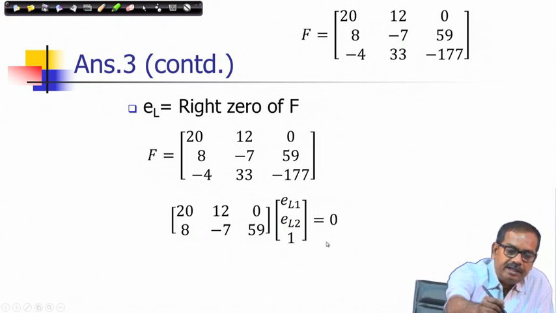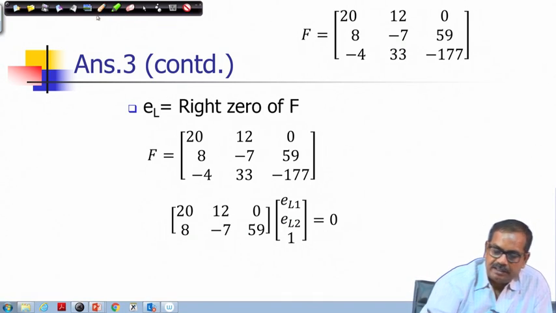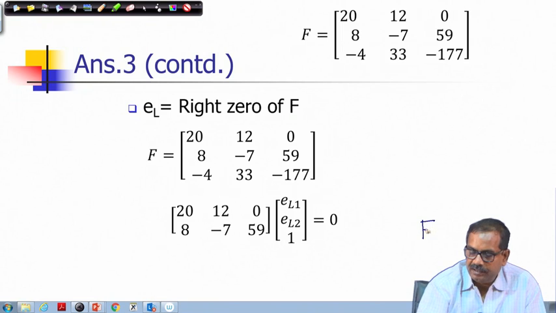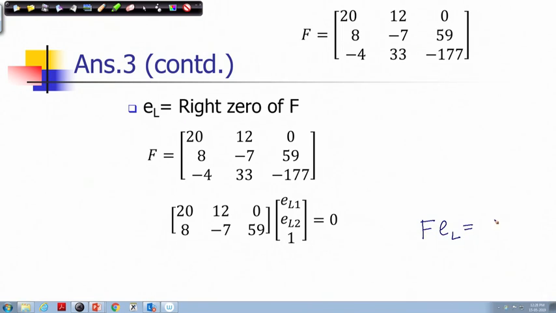which means I have to compute it from F. The right null vector means that if I multiply F with the left epipole, it should give me a zero vector, a 3-vector. This is how the computation is shown here. Since it is a rank deficient matrix, one of the rows I can ignore, there are only two independent rows, and then I will convert this equation.